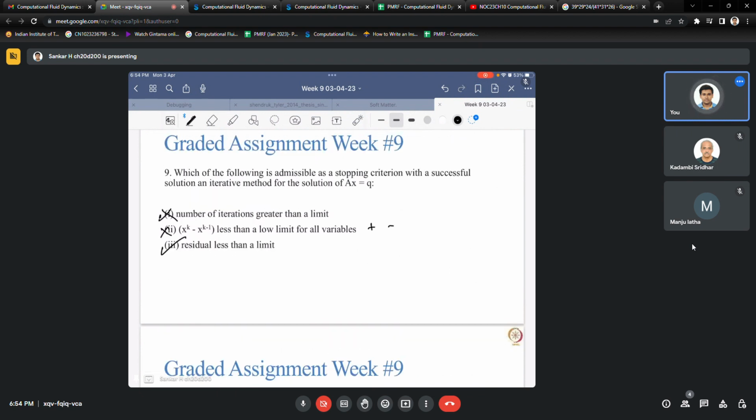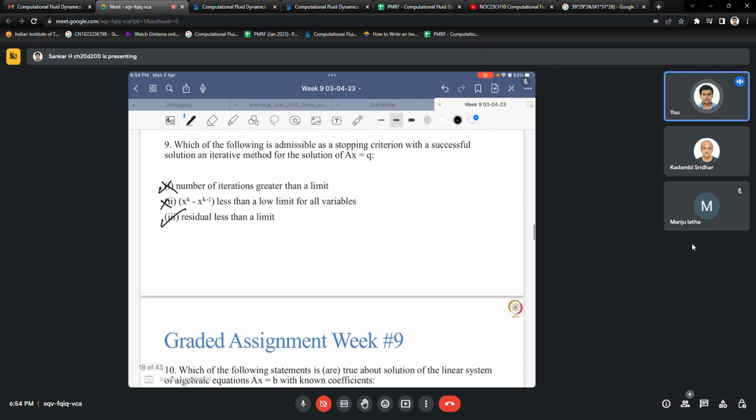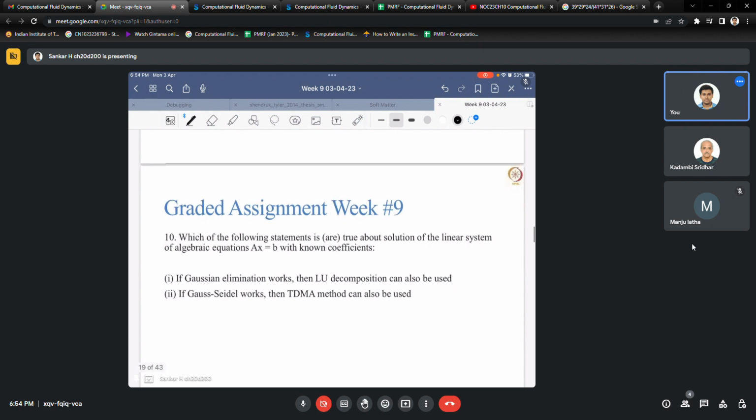Let's say in the first iteration I'm getting minus 5, and in the second iteration I'm getting plus 3, so xk minus xk minus 1 will be 8 over here. So that statement is wrong, and therefore we should always keep the residual less than a limit in this case.